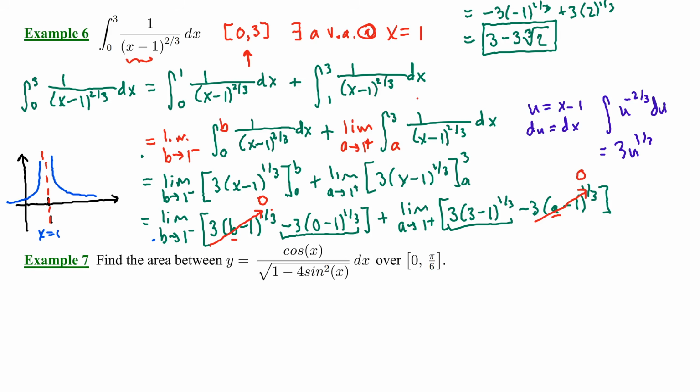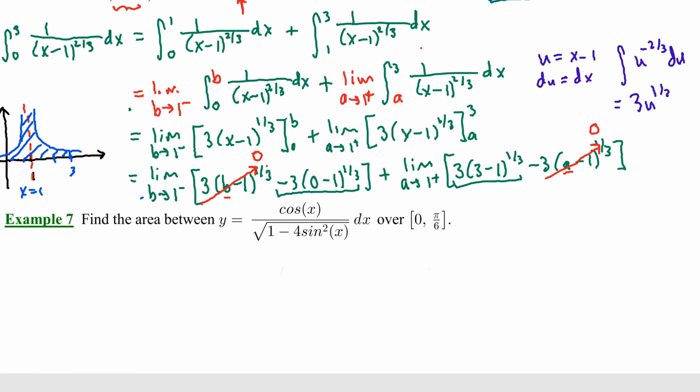So we have found the area between the curve and the x-axis from 0 to 3. So the fact that our integral turned out to have a finite value tells us that that area is finite, which is really interesting around that infinite discontinuity.